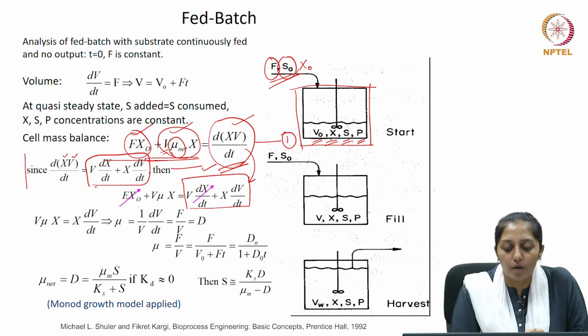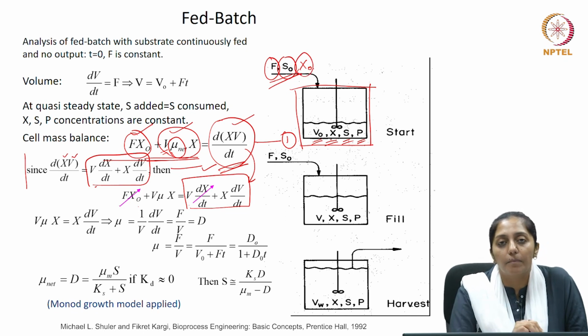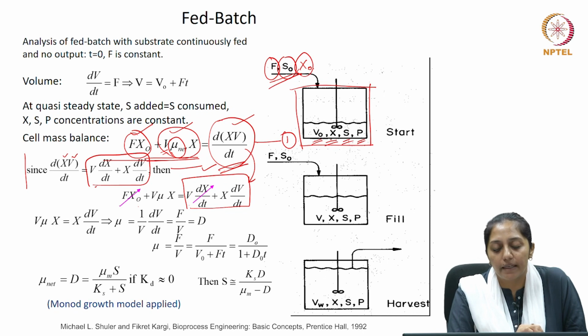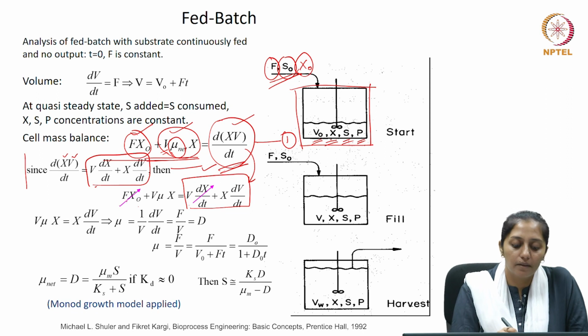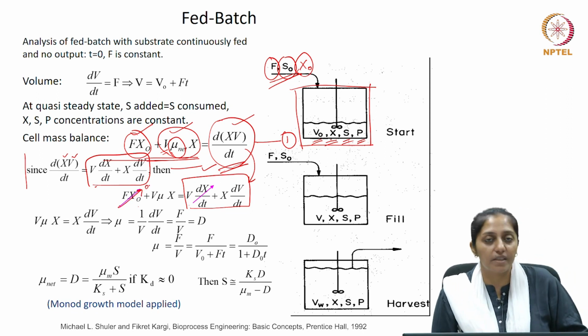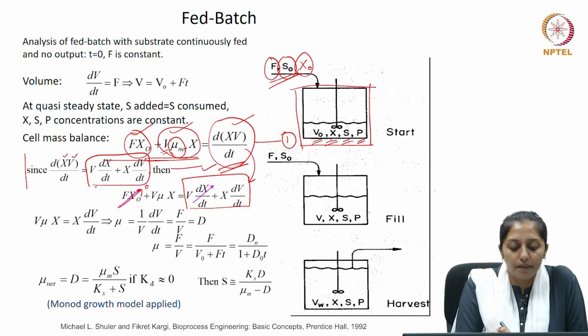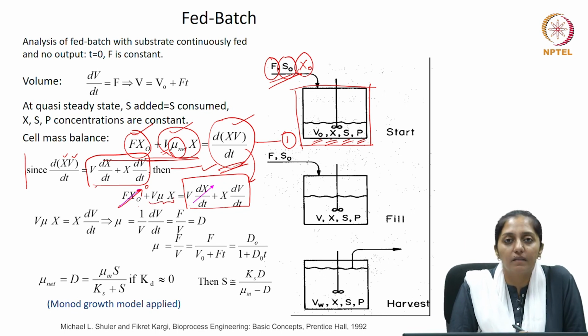Now F X naught, X naught I said is the biomass concentration in the inlet stream. Now if we assume that it is a sterile feed, this term will go out because X naught is 0. The second term remains, which demonstrates the rate at which the biomass is growing inside the reactor.